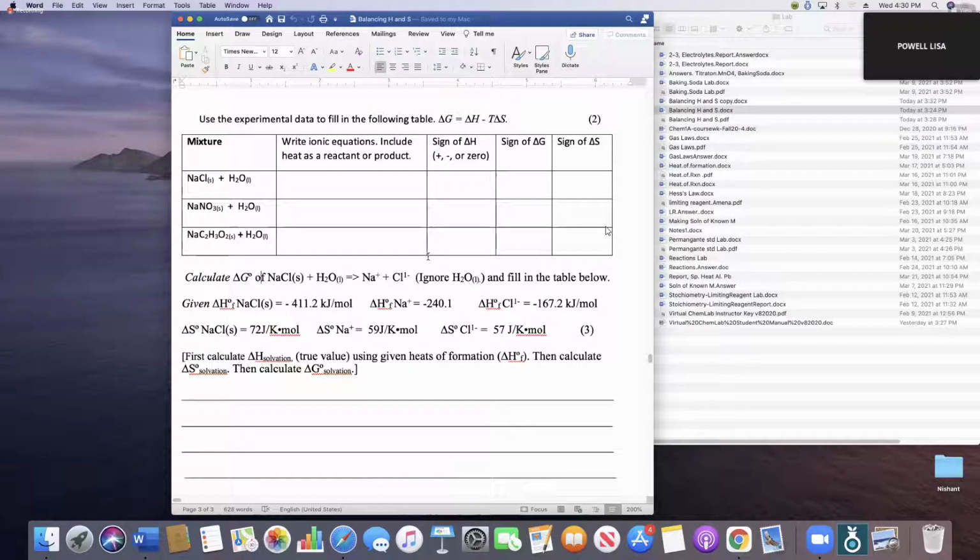The NaC2H3O2, sodium acetate, is that the one you're talking about? What happened? The temperature increased, so then it's negative.